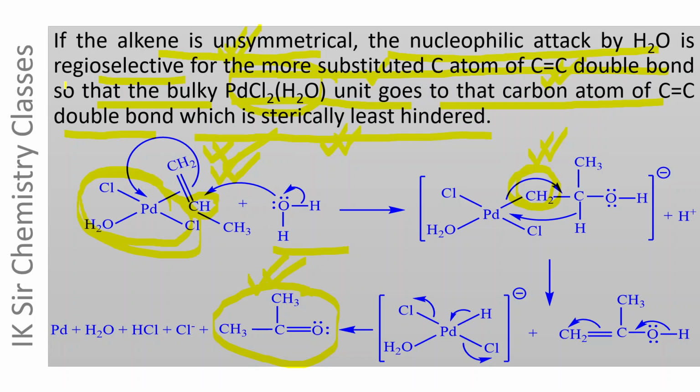And this reaction is regioselective. The chemical reaction in which one of the various possible structural isomers of the product is formed predominantly or exclusively is called a regioselective reaction.